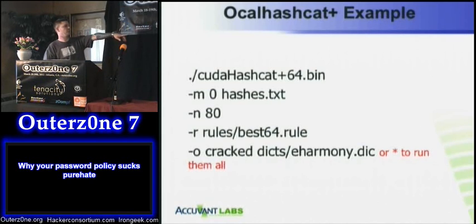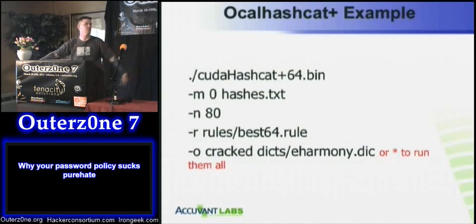And then now we have rule files. They're in the rules directory. It ships with a bunch of different rules, but you can get in there and make up your own rules based on any of these lists. And then O is just output to a file, and then you pass it a word list at the end, just like you would with John the Ripper. Or you can give a slash and a star, and it will run all the word lists in that directory one after the other.